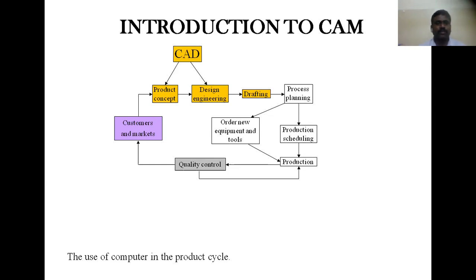Later, after finalization of the design, the product will be moved into the drafting department, where the various drawings of the components are prepared. So these three departments come under the design department.